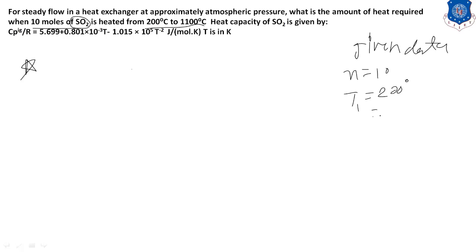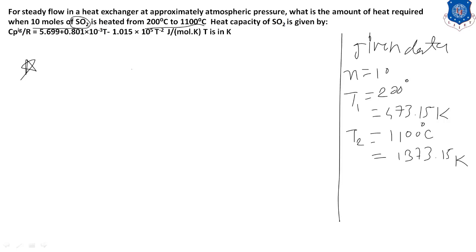If we convert it in Kelvin, then it becomes 473.15 Kelvin, and T2 which is 1100 degrees Celsius, which becomes 1373.15 Kelvin. So using this data we can calculate the amount of heat required. We know that this process occurs at atmospheric pressure, which means constant pressure.